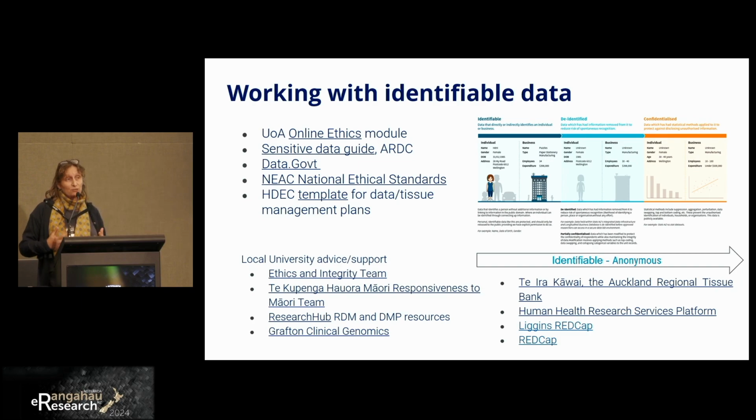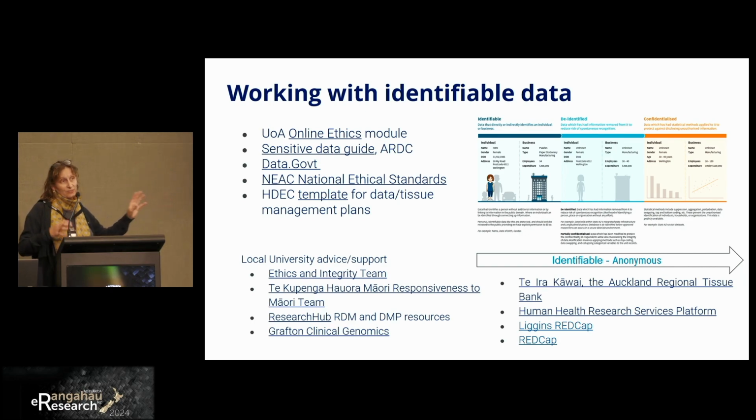Most universities, if you look around, have begun working on training and information around sensitive data. If you go and have a look online, there's lots of stuff that you can point your researchers to. We have things like the HDEC template, the National Ethical Standards, data.govt has some information. And then locally, we've been doing a lot of work around advice and support.